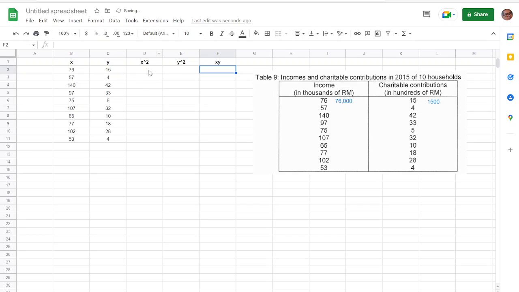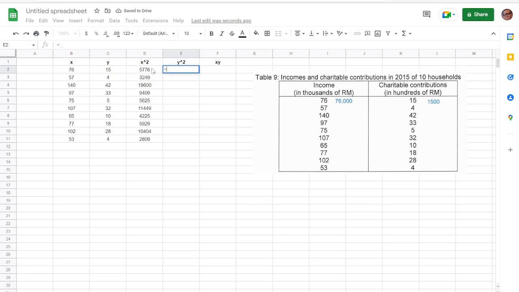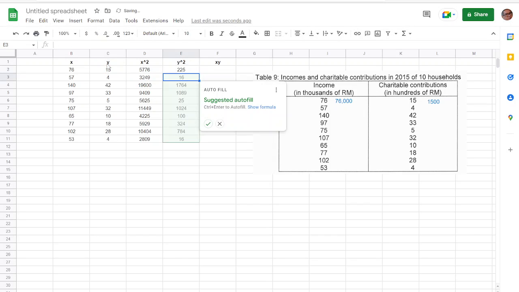So x squared is just simply square the value of x. So this one is just simply this and then you square. Okay, you get this value. And then for y squared, you have this, and then square. Again, you autofill.